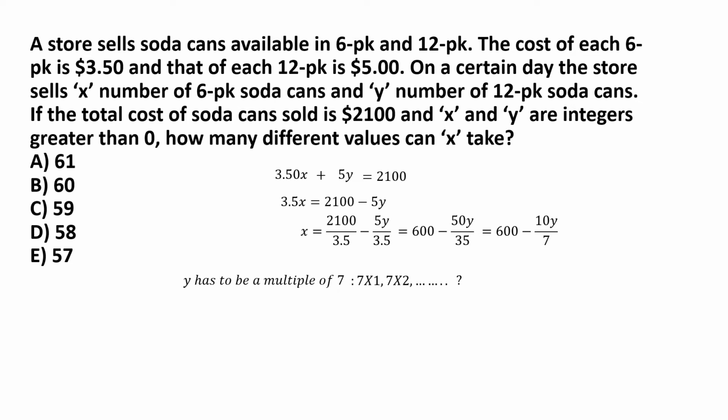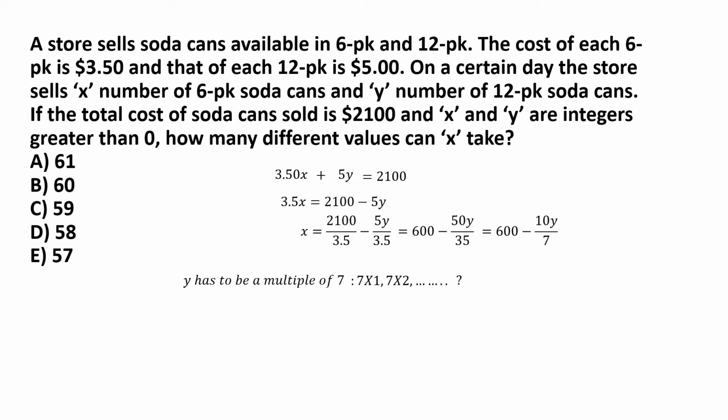In order to answer that, let's note one thing based on the relationship between x and y. So x is equal to 600 minus 10y by 7. And that negative sign before y tells me that as I increase the value of y, the value of x decreases.